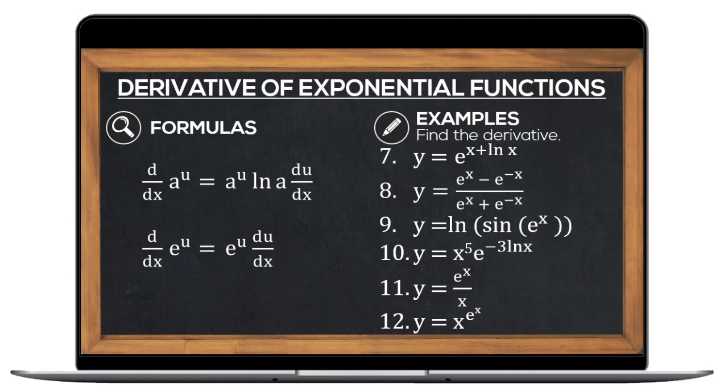Based on our given in problem number 12, we have a function of x raised to a function of x. And since we do not have any existing formula for this type, we'll be using some manipulations. We'll be applying properties of exponents, laws of exponents, and properties of logarithms combined. So we'll be manipulating our given.